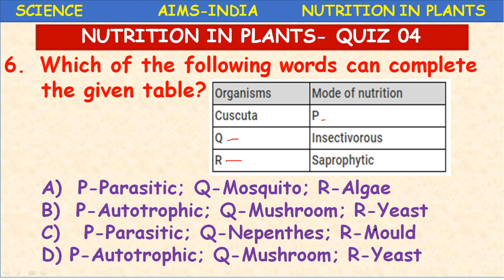So here what is the right option? Cuscuta, parasitic nutrition, an insectivore, Nepenthes, and a saprophyte, mushroom, that is mold. Okay. So option C is correct.